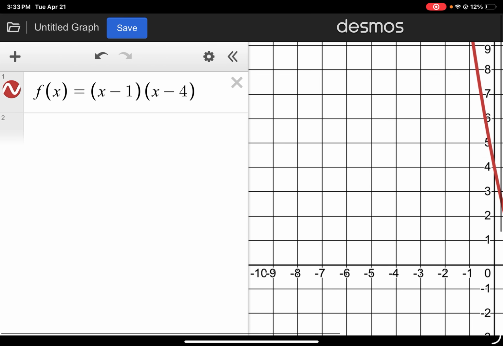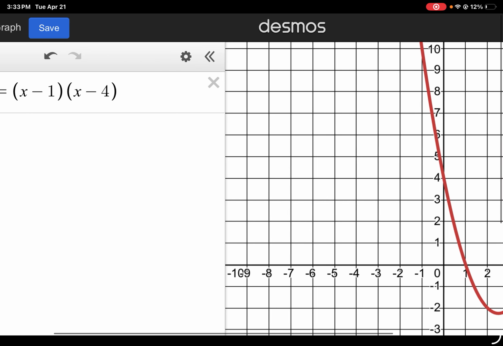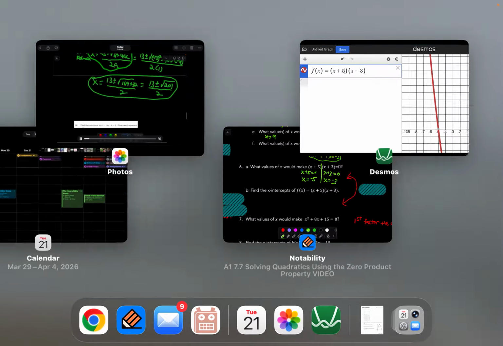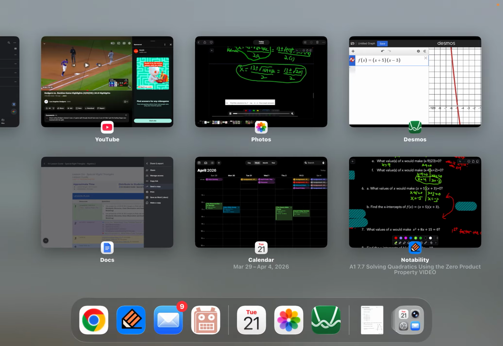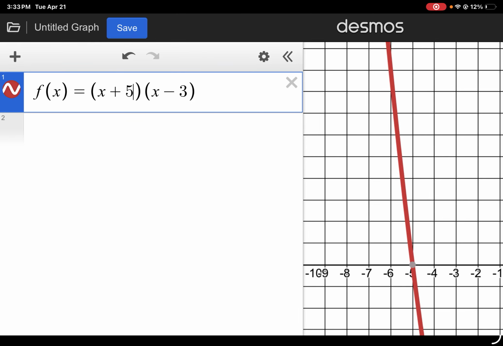So here we go. That is X minus 3, X plus 5. All right, just to verify that that's correct. X plus 5, X minus 3. I'm a little dyslexic, but it doesn't matter. So here's the graph.